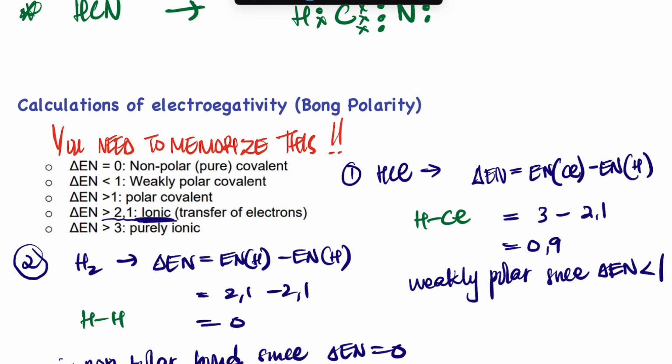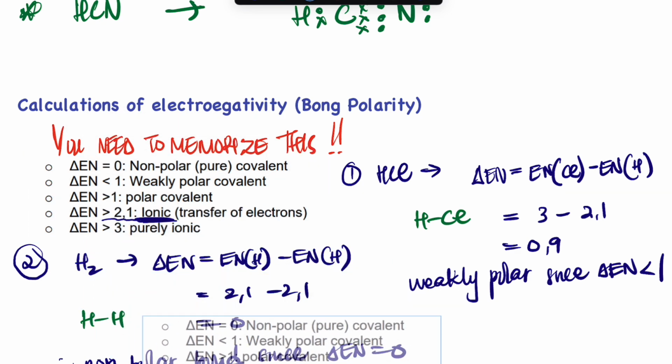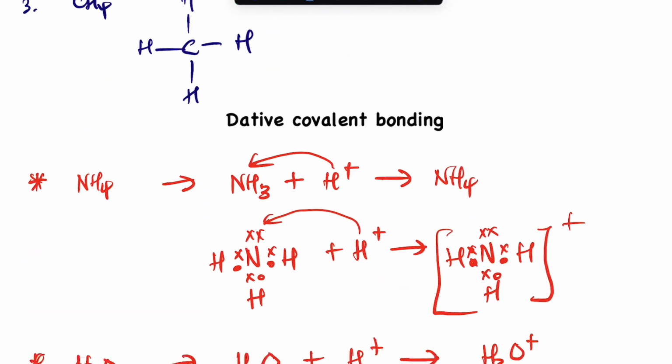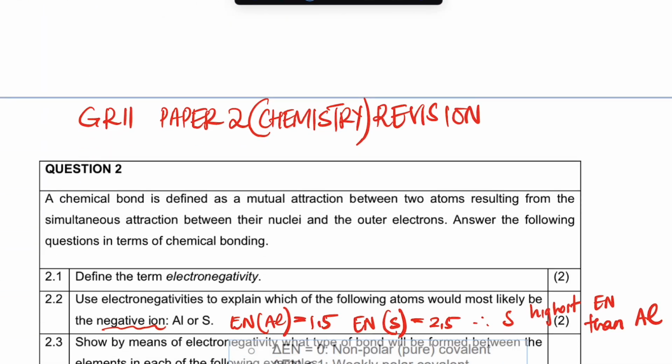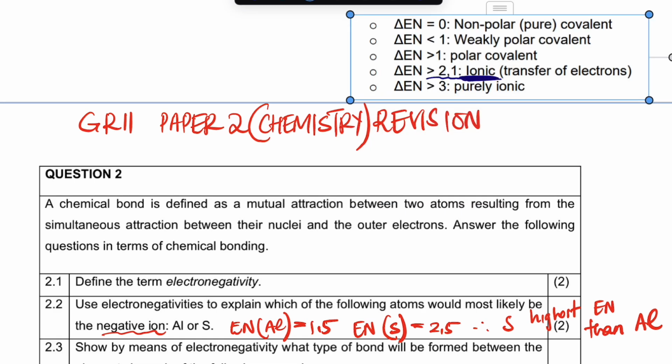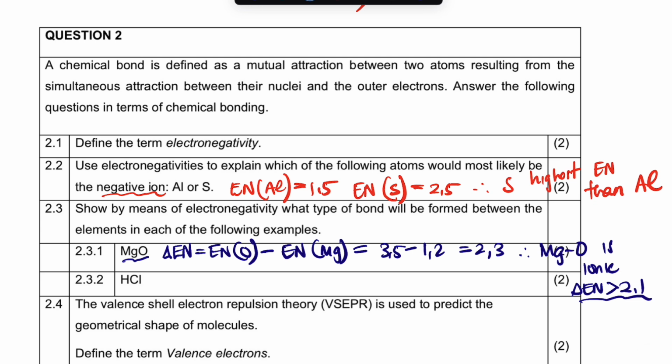The bond between them is ionic. Let's just put it here, it's going to help us. So the bond is ionic because the electronegativity difference is greater than 2.1.